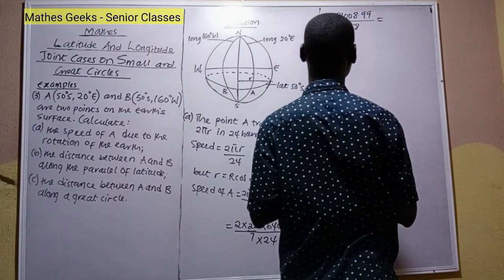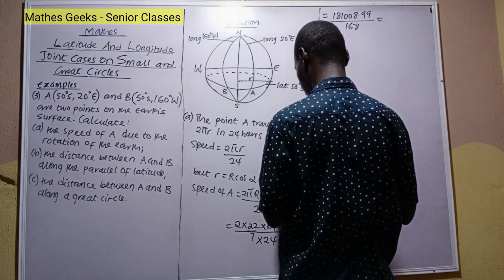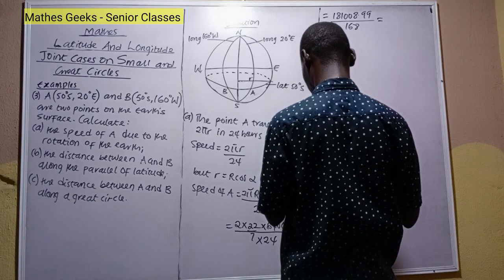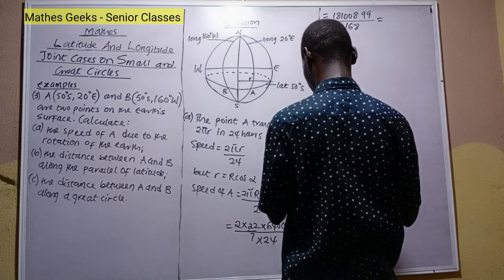So that will be equal to 181,008.99 divided by 168.